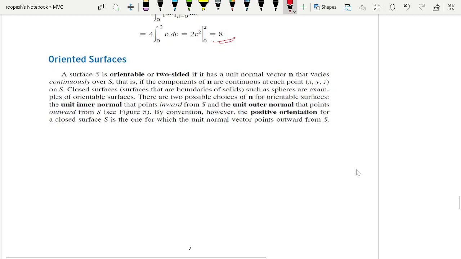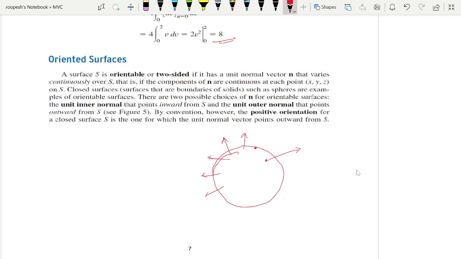Now here are special surfaces, that means oriented surfaces. Oriented surfaces means, suppose you have a surface here, some sphere or something. I can have a point on this sphere, here or here, and I can give the direction like this. So every point on the sphere can be given a direction like this. This direction is called orientation.